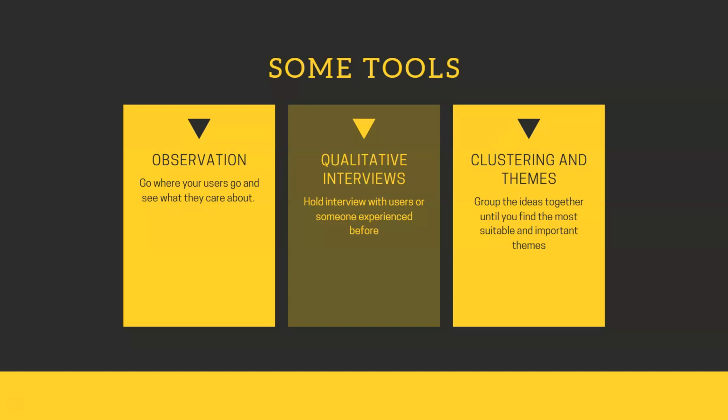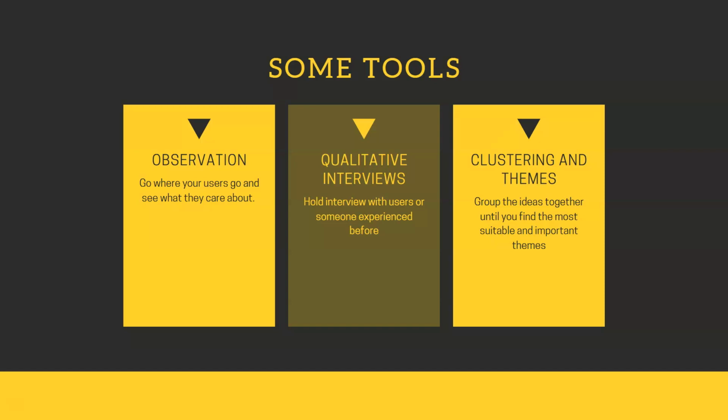And the next one is clustering and themes. There are a lot of different ways to go about this phase, but it is safe to say that you will need a wall of sticky notes, or you have to group the ideas together until you find the most suitable and important themes.